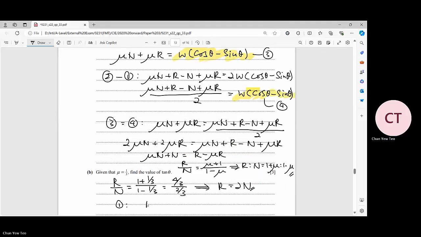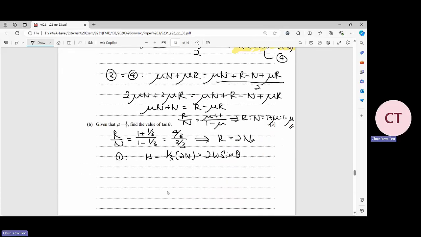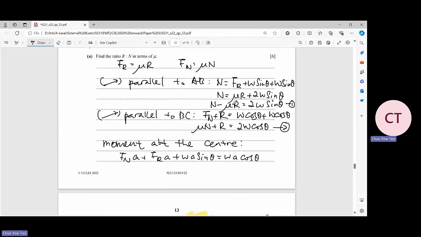So N minus 1 over 3 of 2N is equal to 2W sine theta. And you will get W sine theta is equal to 1 over 6 N.